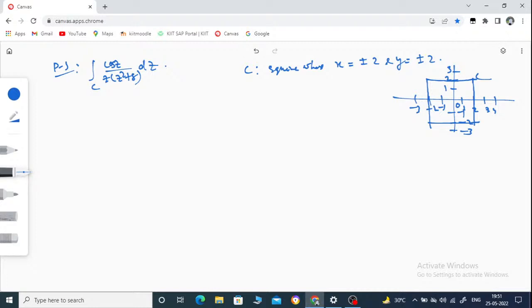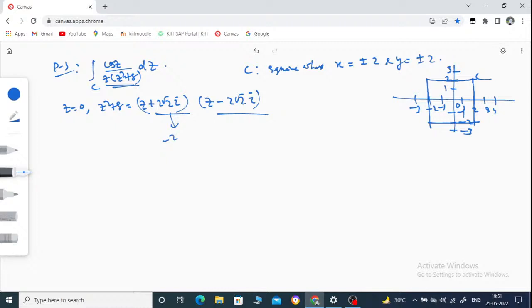If you look at the denominator, this is z into z square plus 8. If you linearize this thing and find the points, z will be equal to 0, and z square plus 8 is z plus 2 root 2 i and z minus 2 root 2 i.